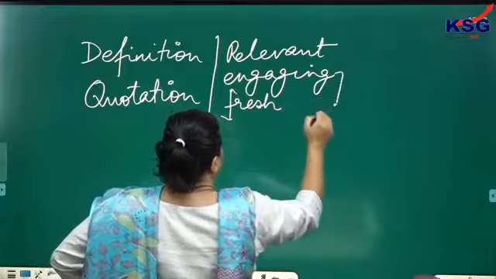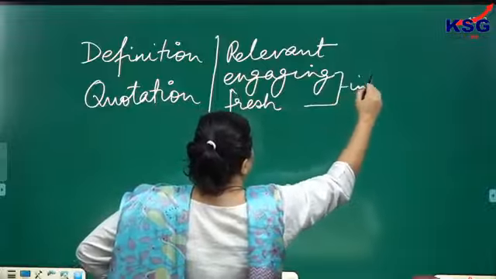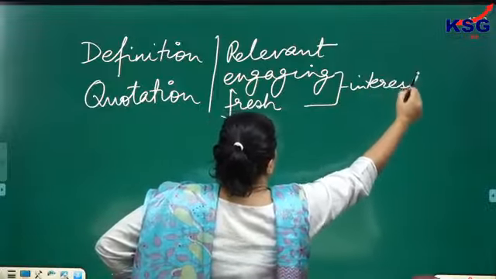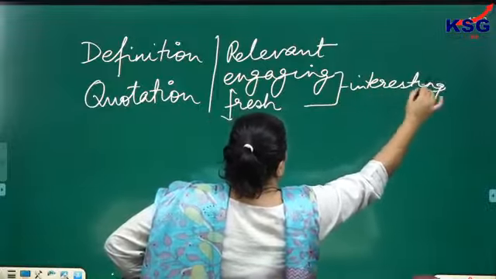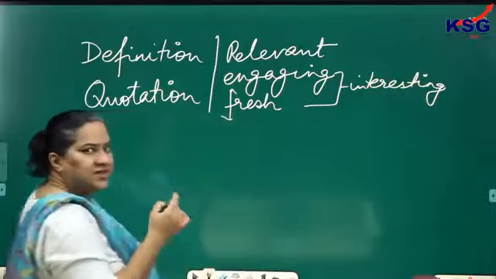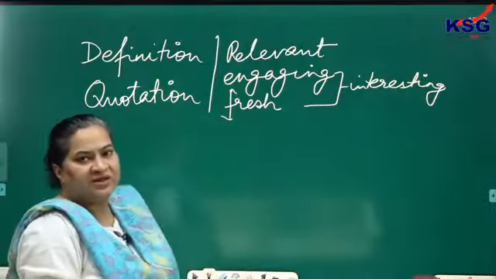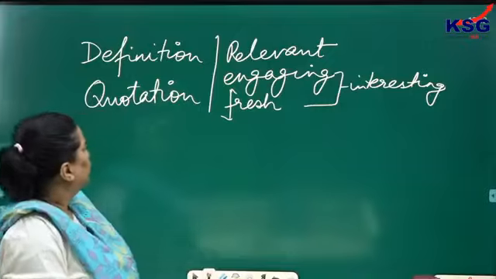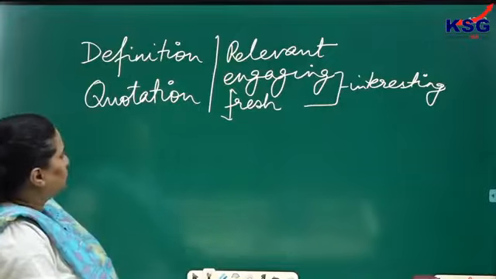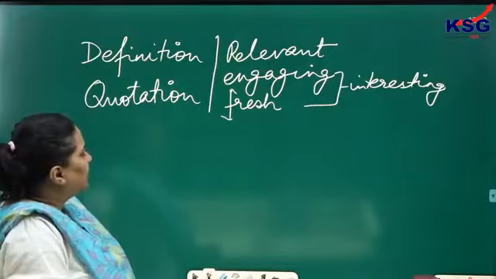When it is engaging and fresh, it becomes interesting, which is one of the core aspects of an essay. If you recall the syllabus, this is what the examiner has said, right? So the moment I'm saying definition or quotation, it should be relevant, engaging, and fresh.